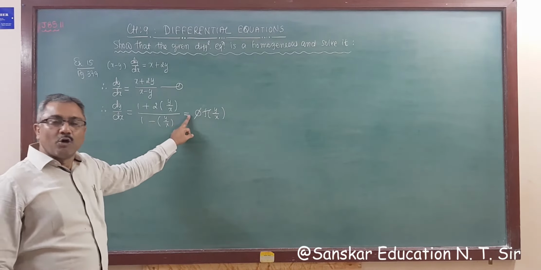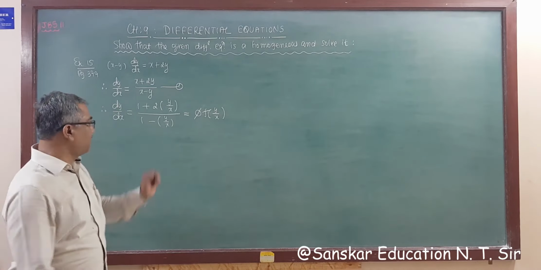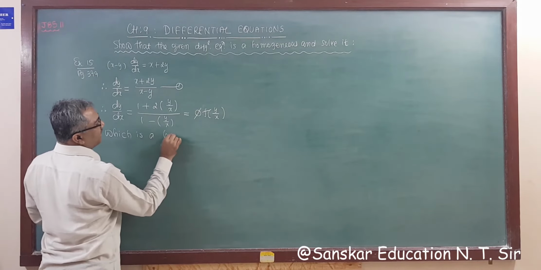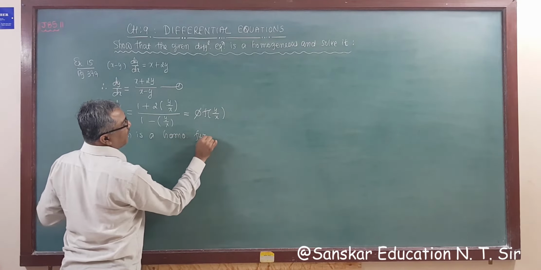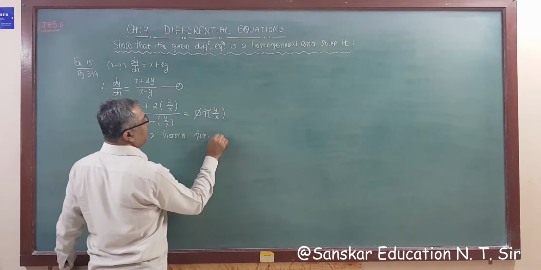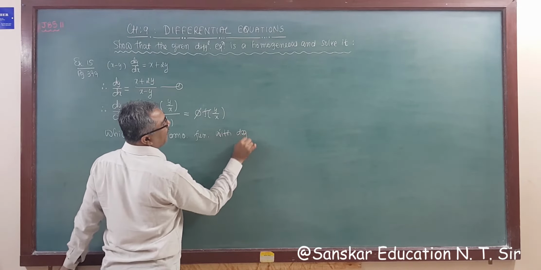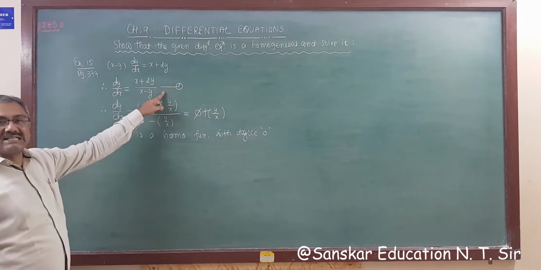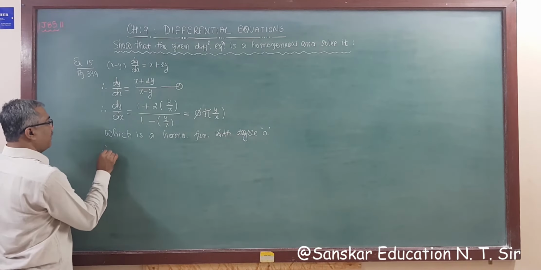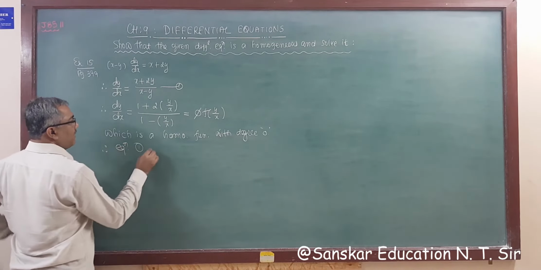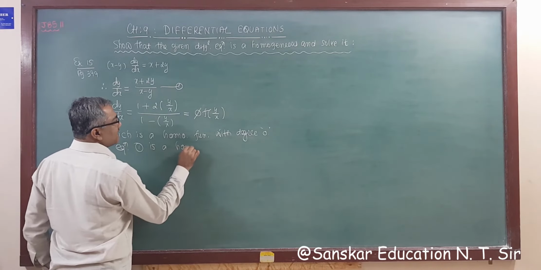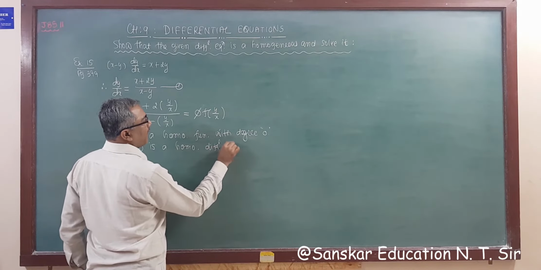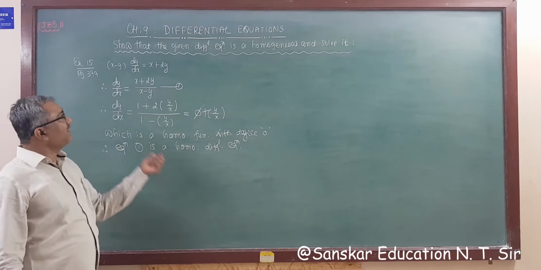So this is a homogeneous function of degree 0. Therefore, equation number 1 is a homogeneous differential equation, right? So the first part is finished.